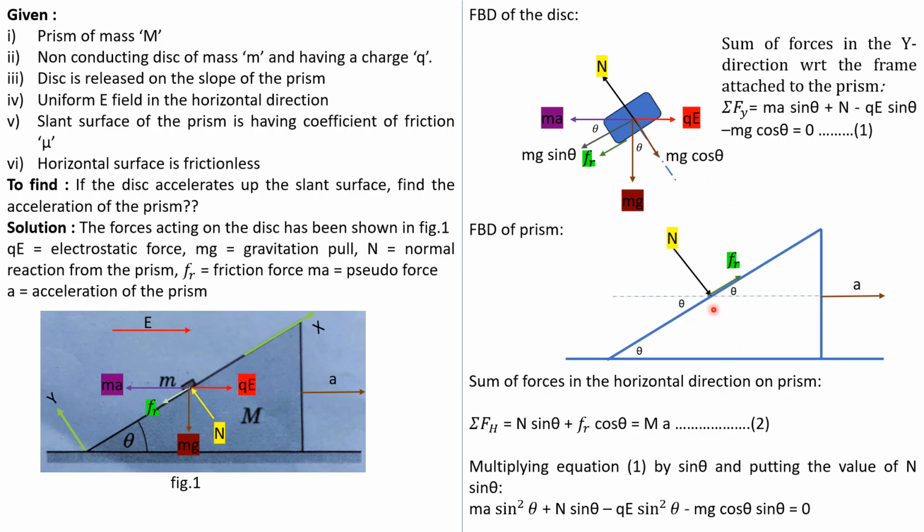So therefore the friction force on the prism by the disk will be in this direction. The sum of forces in the horizontal direction on the prism, summation of Fh is equal to N sin theta, the component of force in this direction, plus Fr cos theta is equal to ma. That is equation number 2.